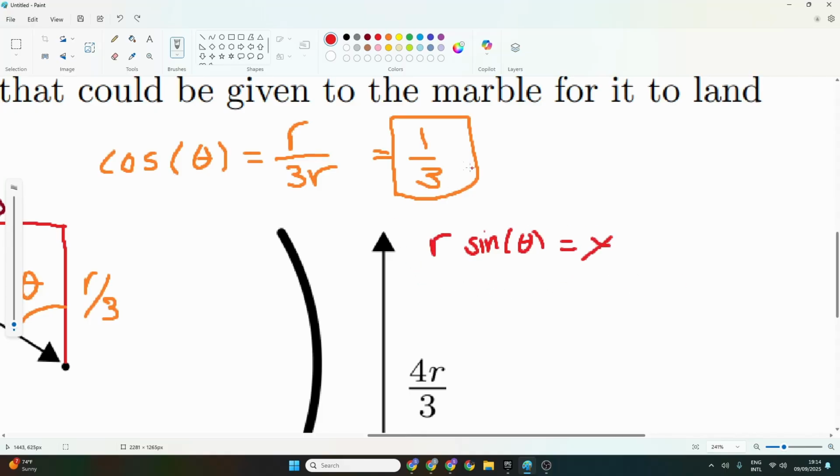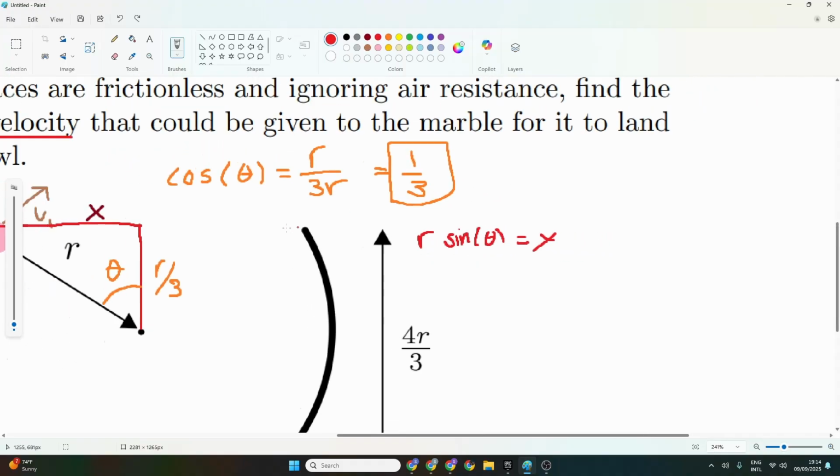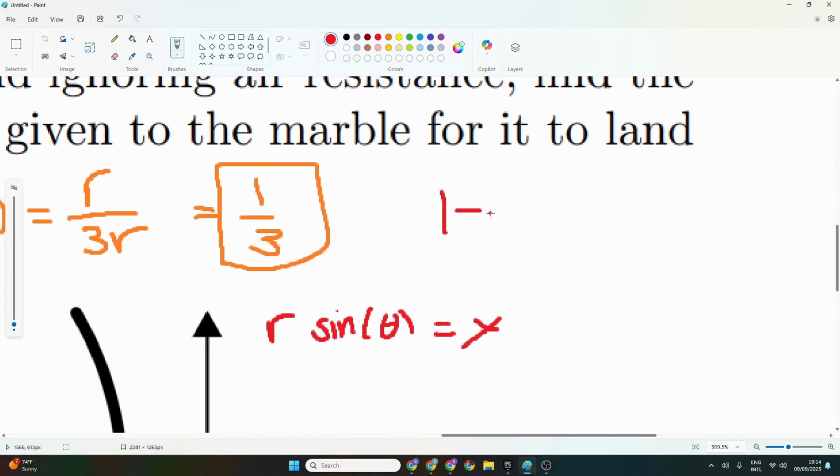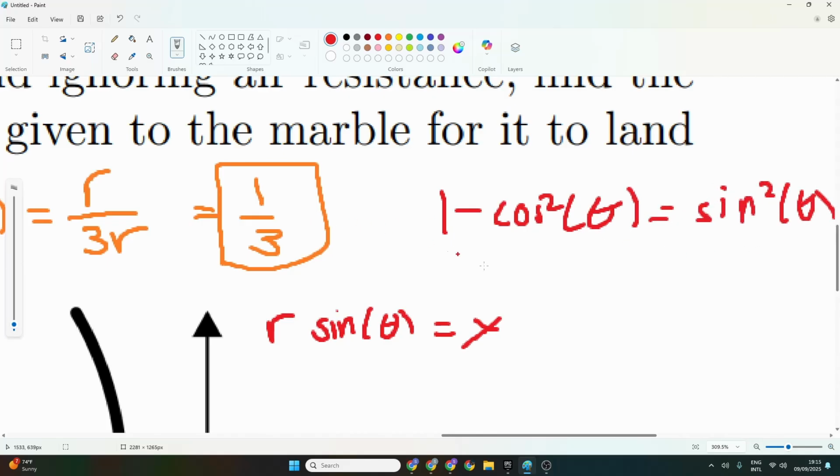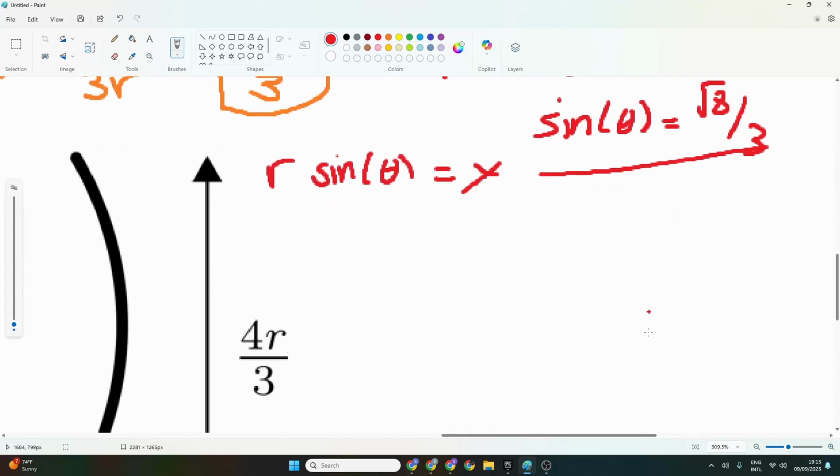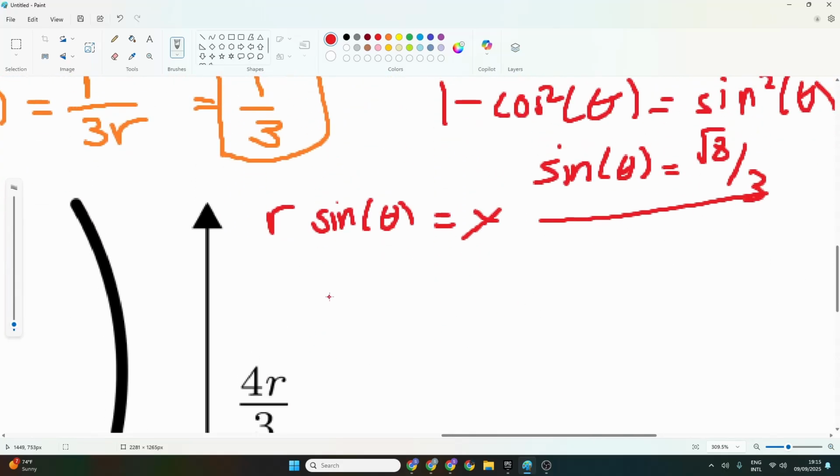So what is sine theta? If we know cosine theta, we can use the Pythagorean identity: 1 minus cosine theta squared is equal to sine theta squared, which means 1 minus 1/9 is equal to sine theta squared, which means sine theta is equal to radical 8 over 3. So r radical 8 over 3 is equal to x.